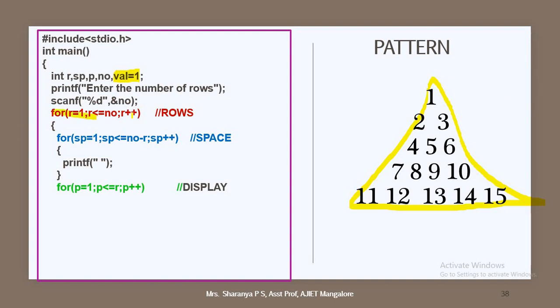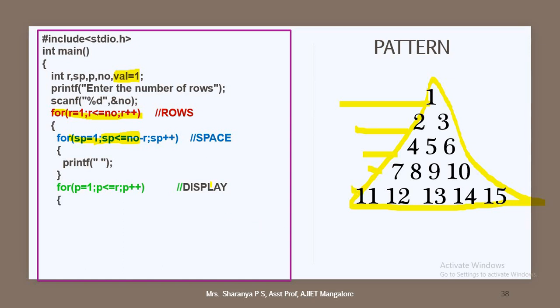First it will display the rows as per the given number, and the space will be displayed with the same logic we have observed. Space will begin with the number minus r, that is the first time the space is displayed, and later each time it will keep decrementing.